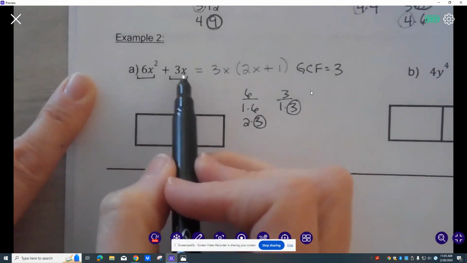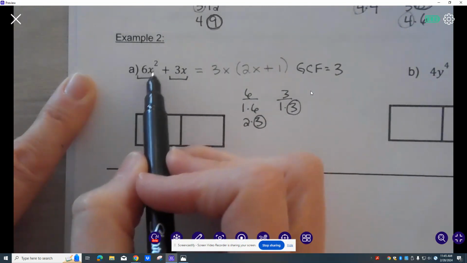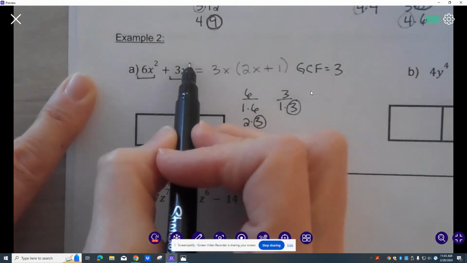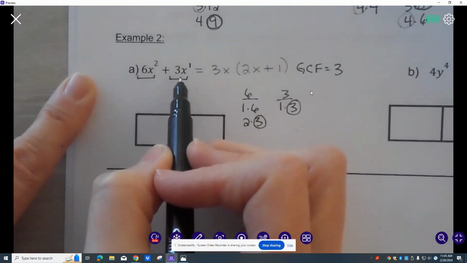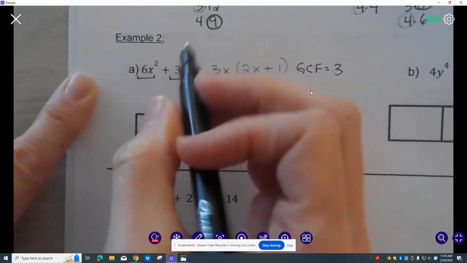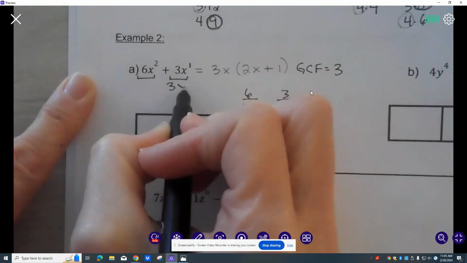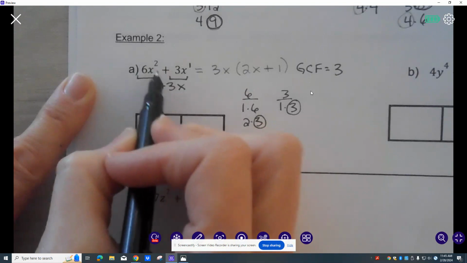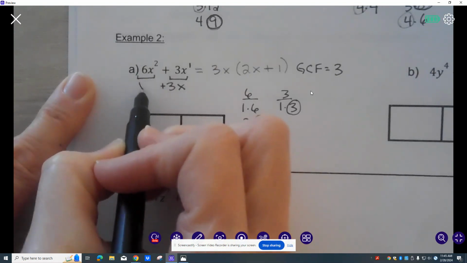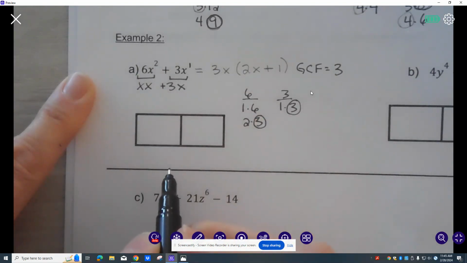Now, if you look at these two terms, they both also have the variable x. So they have some number of x's in common. This right here is 3 times 1x. This right here, 6x squared, means it has 2 x's.